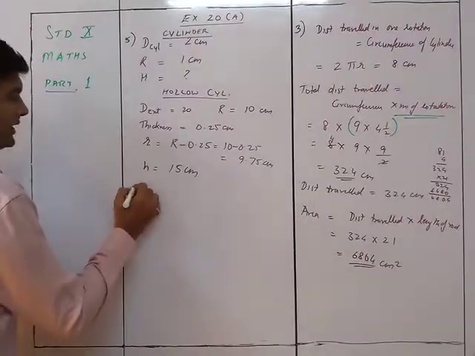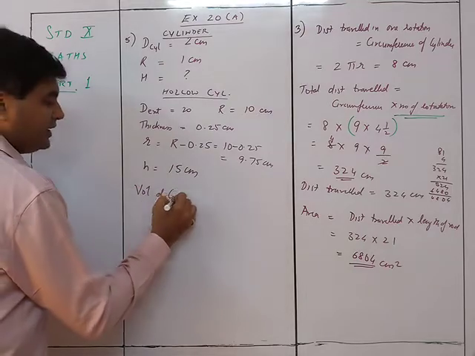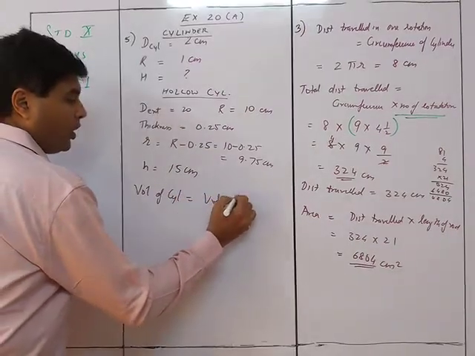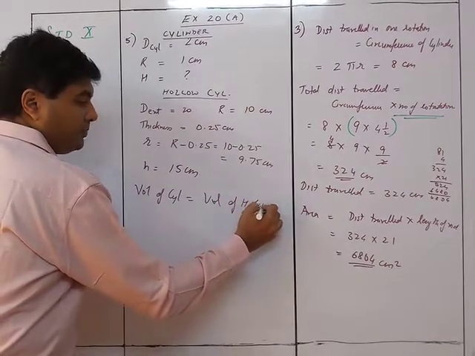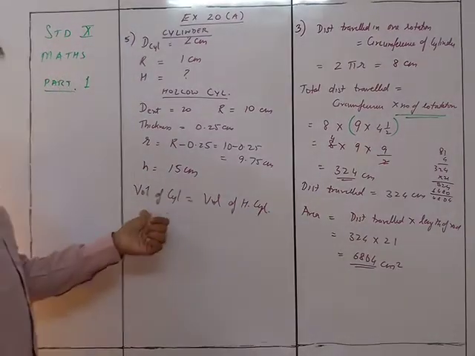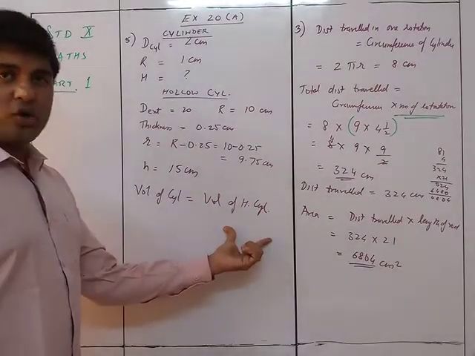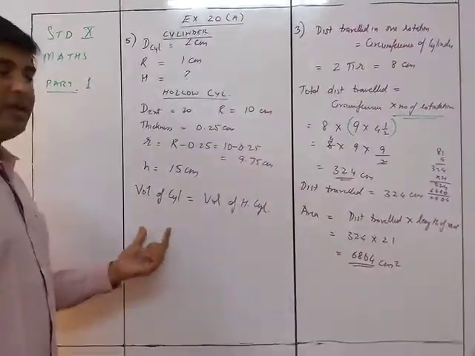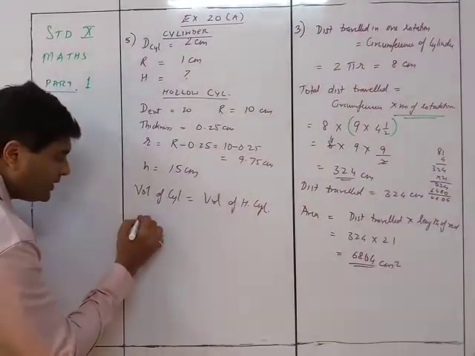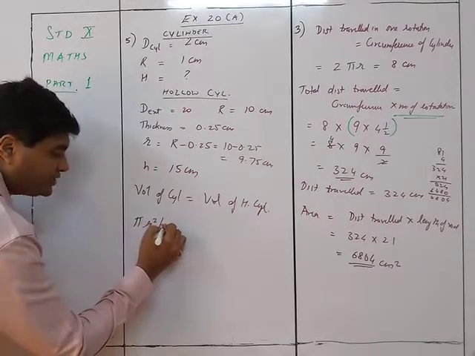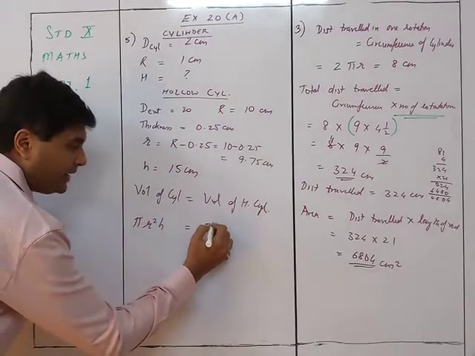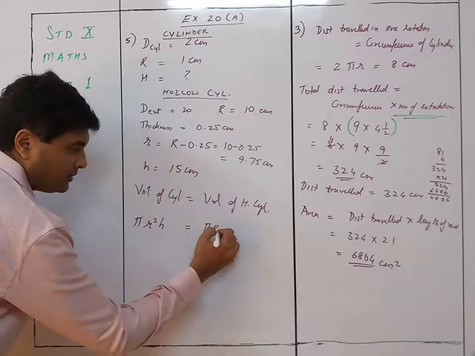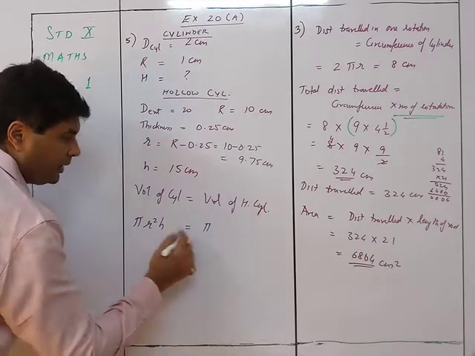So now we know that volume of cylinder is equal to volume of hollow cylinder, because we are just recasting the cylinder into a hollow cylinder. So volume of this is equal to volume of this. Let's put the equation formulas over here. The volume of cylinder is pi r square h, and here, sorry, it will be hollow.